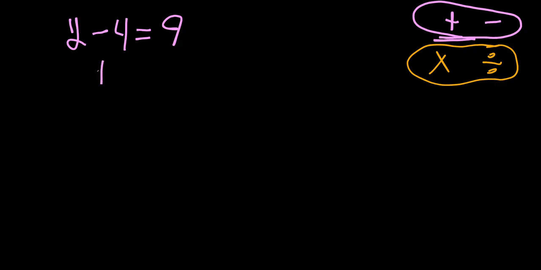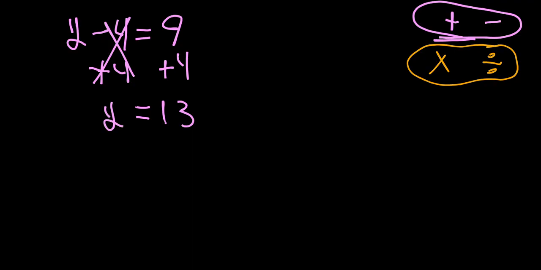So I'm going to approach this by adding 4 to both sides, and these two will cancel each other out, and this will become 13, and we still have equals, and we have y. So we did the same thing to both sides, and we did inverse operations. The inverse of negative 4 is positive 4.